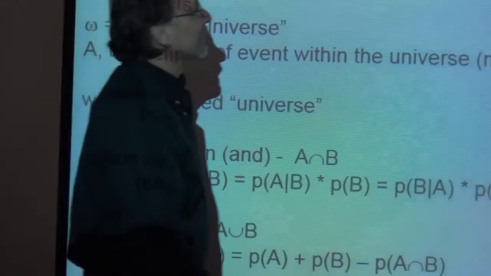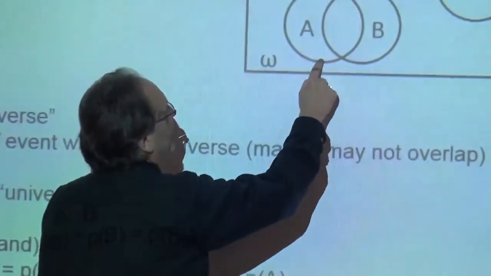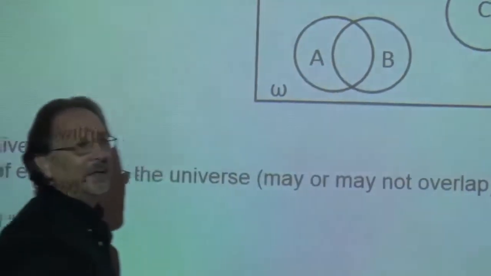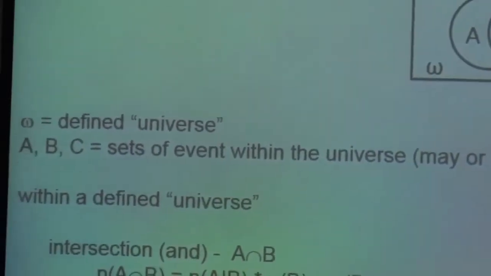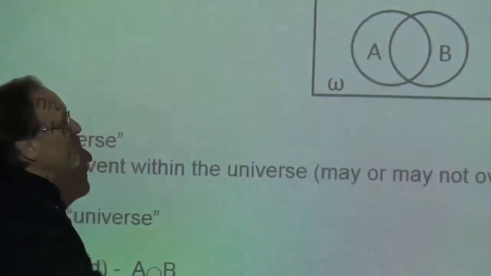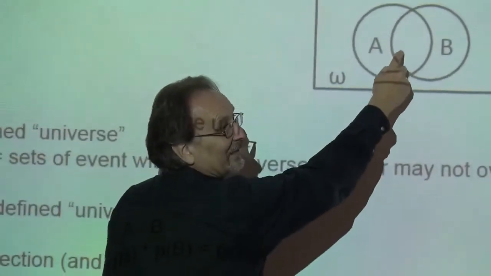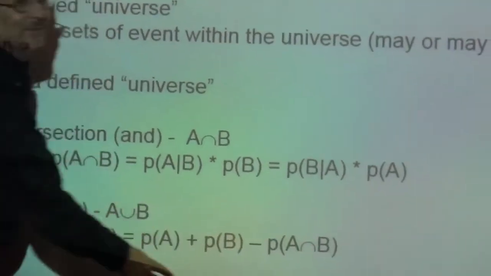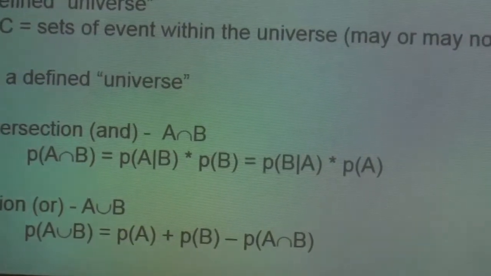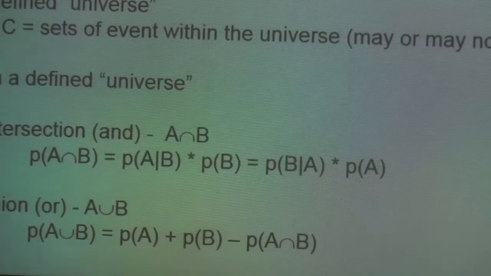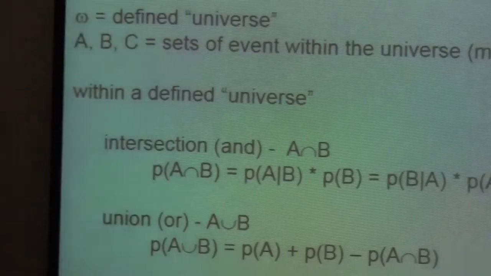And what that means is that I have to take everything that's in A and everything that's in B. Now notice, think about the logic of this. If I take A and add it to B, I'm double counting what's here, right? So that's why you have to subtract the intersection. So it's the probability of A plus the probability of B minus the intersection of A and B. Okay? I have to subtract that or else I double count it.